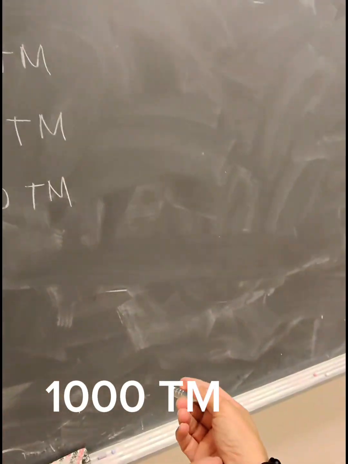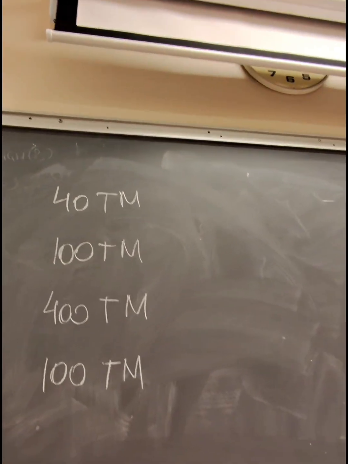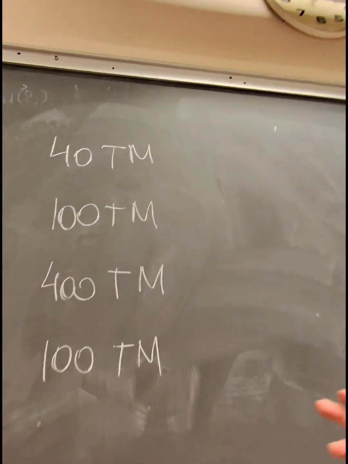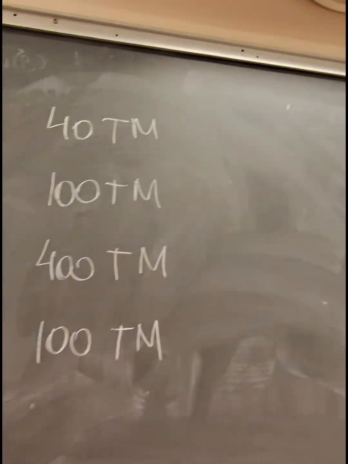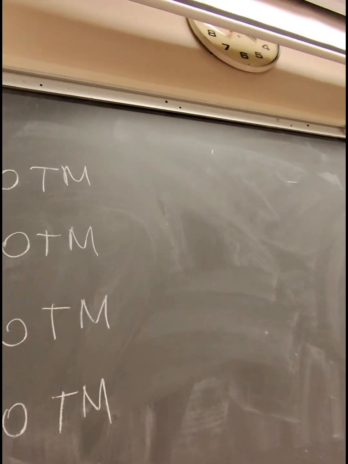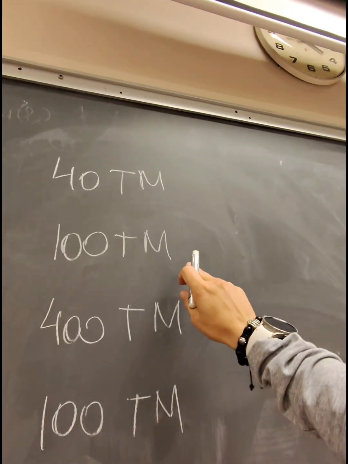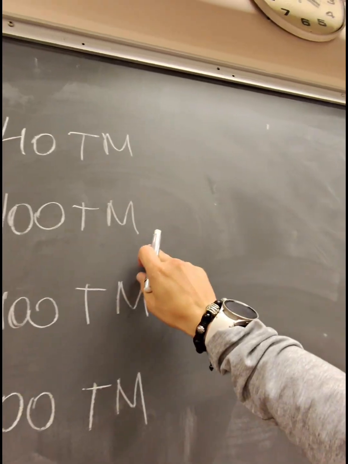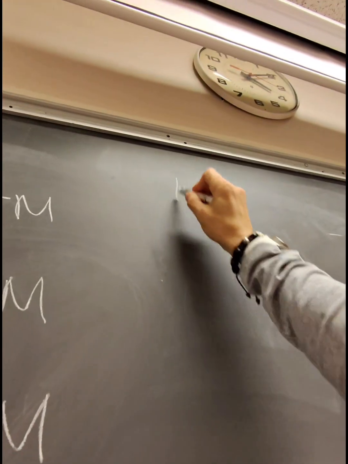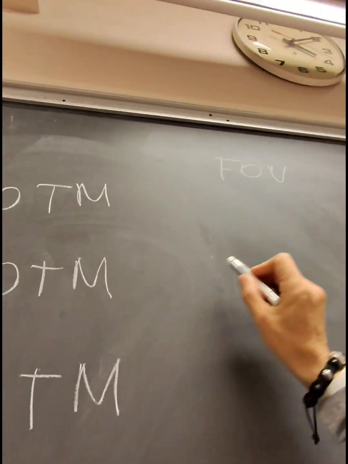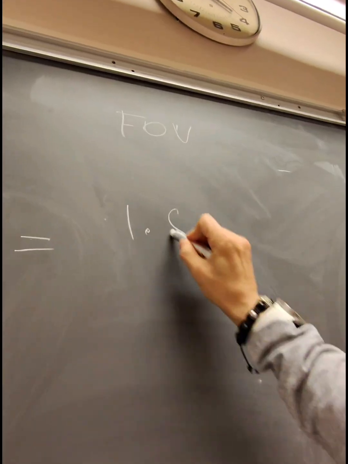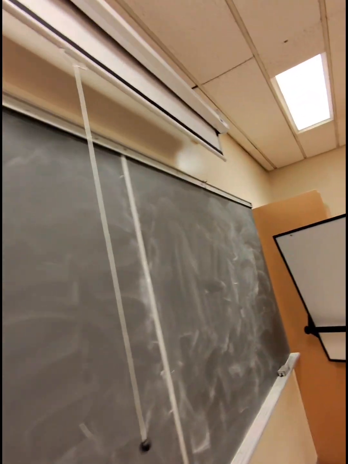So there's some information that has been given to us where we can actually calculate it. So we want to find out the field of view of a particular total magnification. So let's say that something is given to us, and we know that for 100 total magnification, the field of view is 1.8.